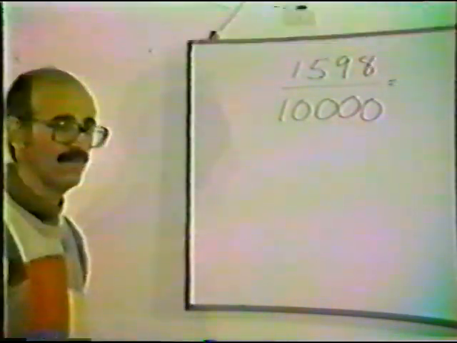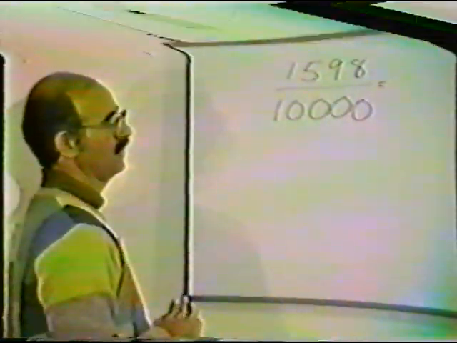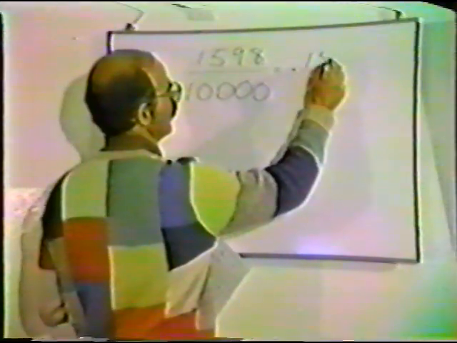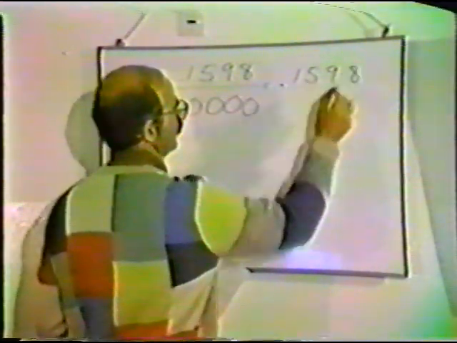And let's read that one. 1,598 thousandths. How many decimal places? 4. 0.1598.